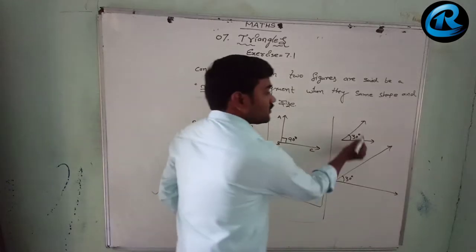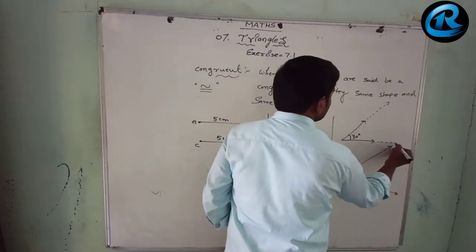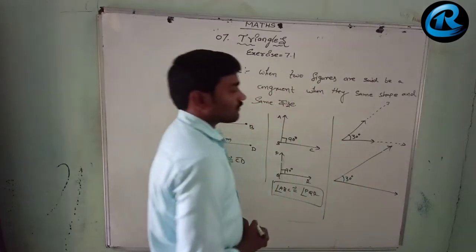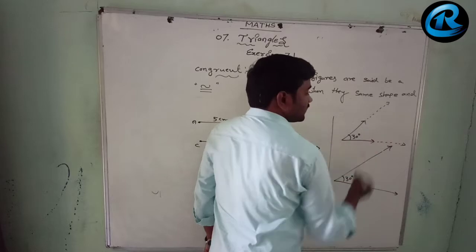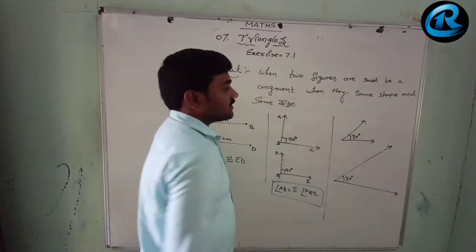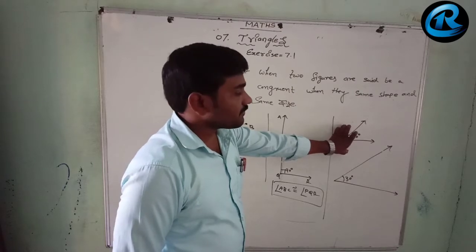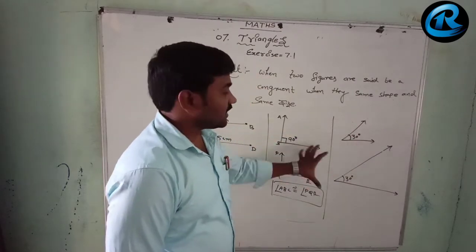Wherever you observe, the angle you always get is 30 degrees only. But I have drawn 30 degrees here with a small size and with a big size. It's the same 30 degrees.